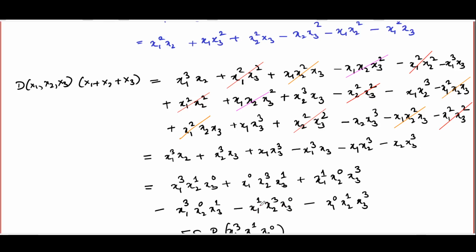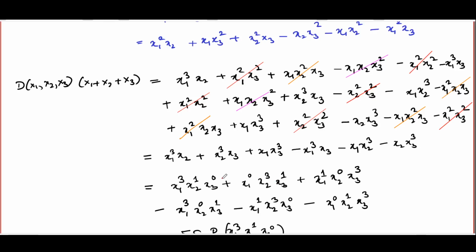Now, once we have written down all the terms, it's easy to see that we can get all of these terms starting from this one by either permuting the indices 1, 2, 3 or just permuting the powers 3, 1, 0. So 3, 1, 0, the cyclic permutation gives you 0, 3, 1, which is here.